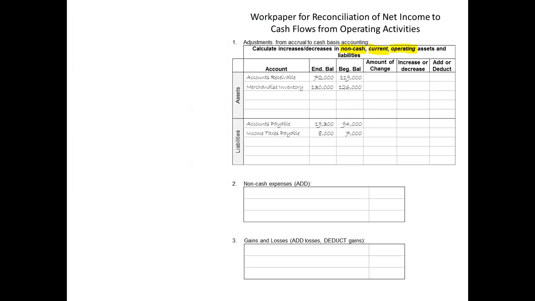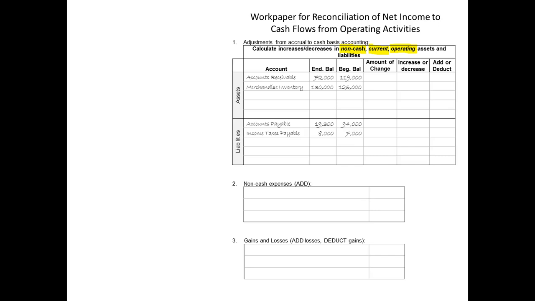Now that we have identified all of Bradford's non-cash current operating assets and liabilities, it's time to do some arithmetic. For each account listed in our work paper, we need to know the amount of the change in the account balance, so we'll subtract. Notice that our work paper has one column just for the amount of change and a whole separate column to show whether the balance increased or decreased during the accounting period.